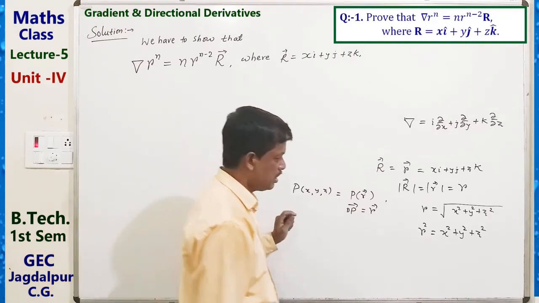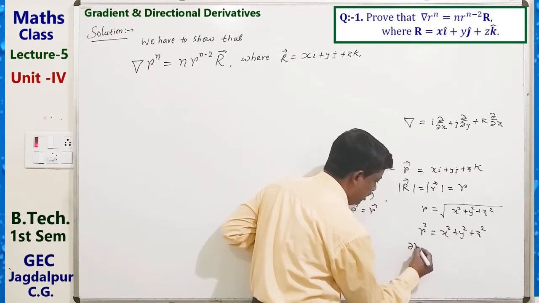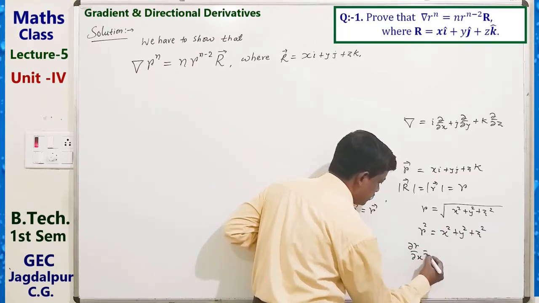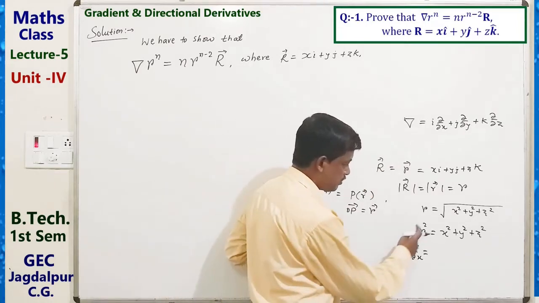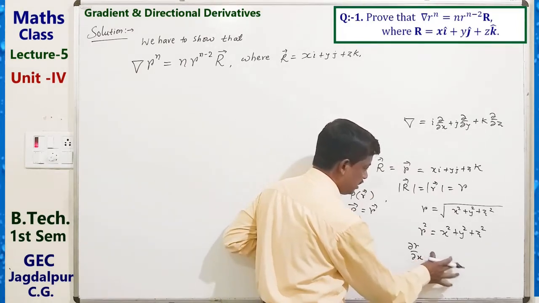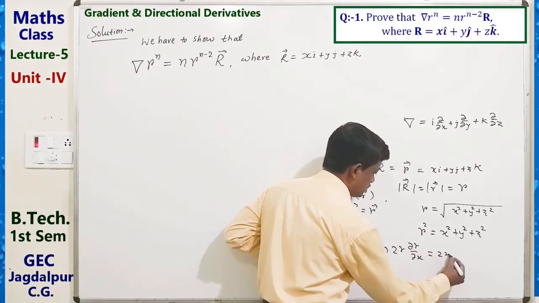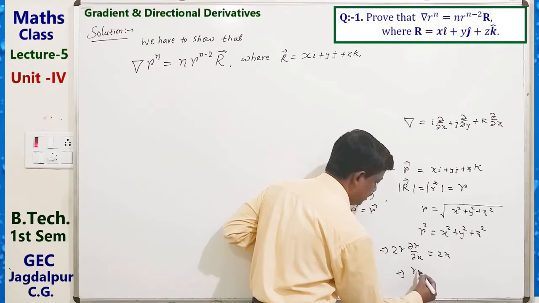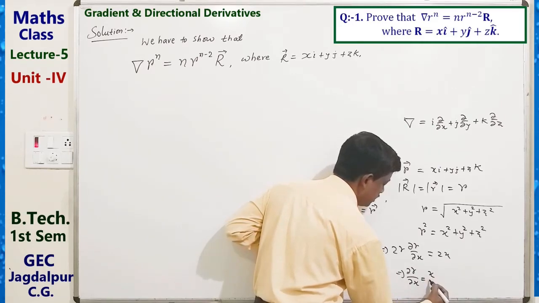Here r square equals this, so r is a function of x, and we can differentiate with respect to x. So what will we get here? 2r del r by del x equals 2x. So we can write del r upon del x equals x by r.